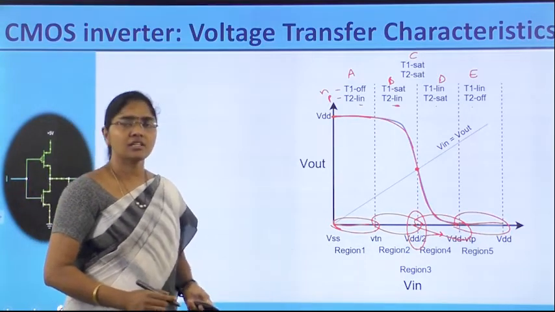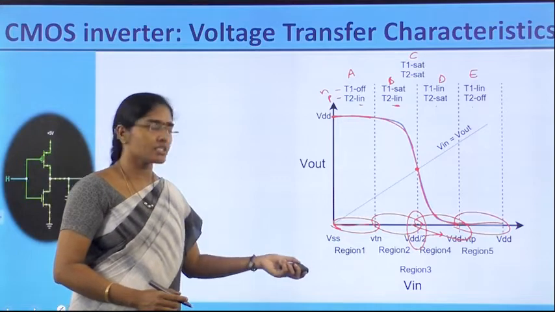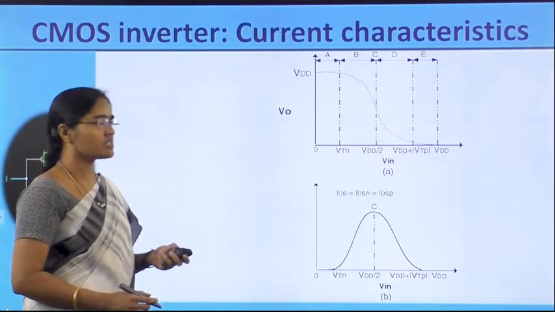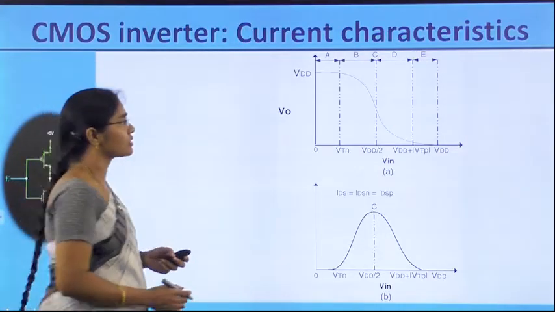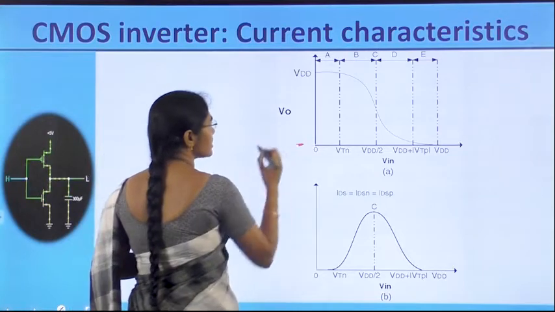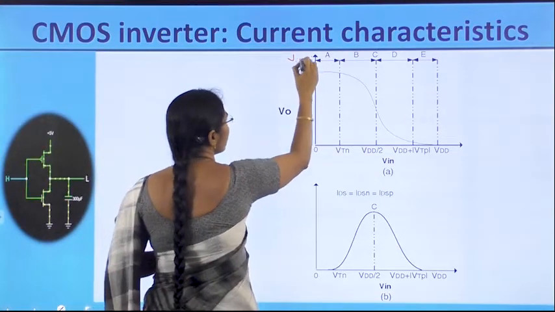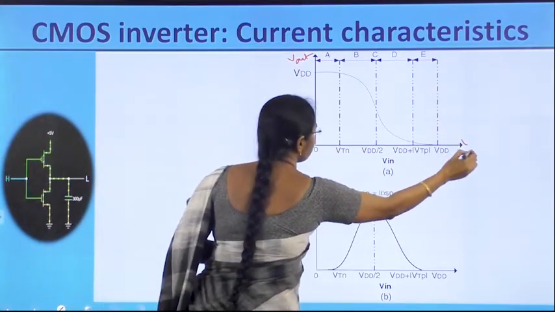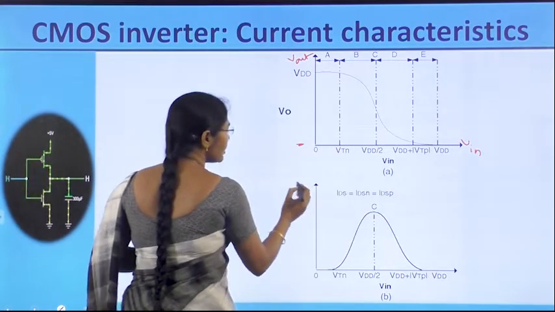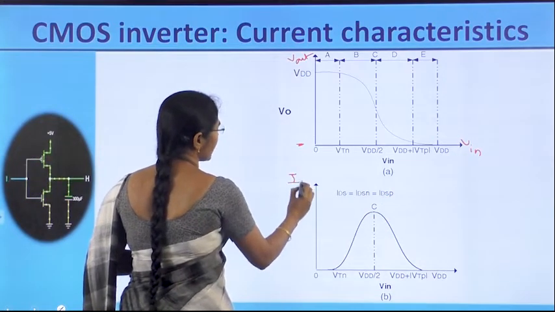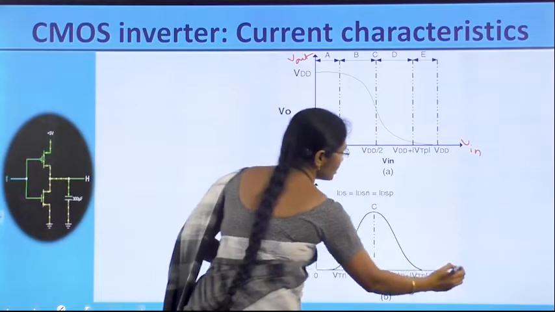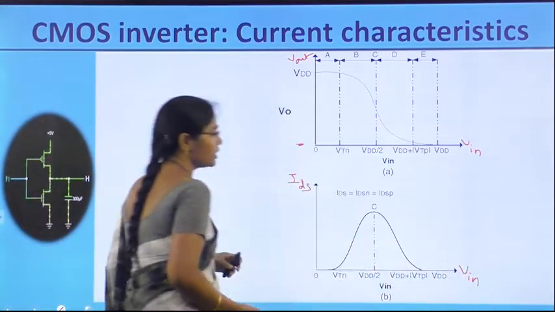Let's see, along with the output voltage, how the current exists in this CMOS inverter circuit. This is the transfer characteristics which we have seen, Vout versus Vin. The graph below represents the current IDS in the inverter with respect to Vin.